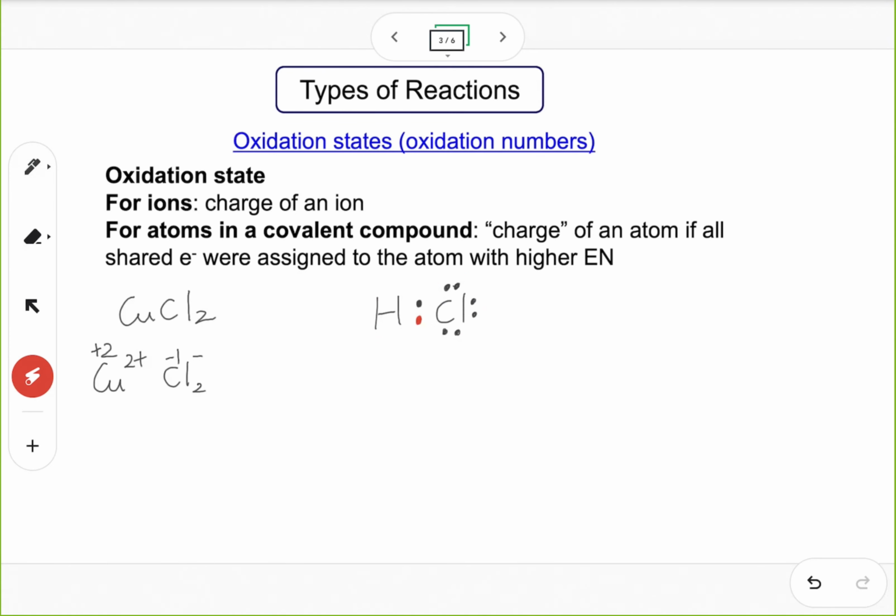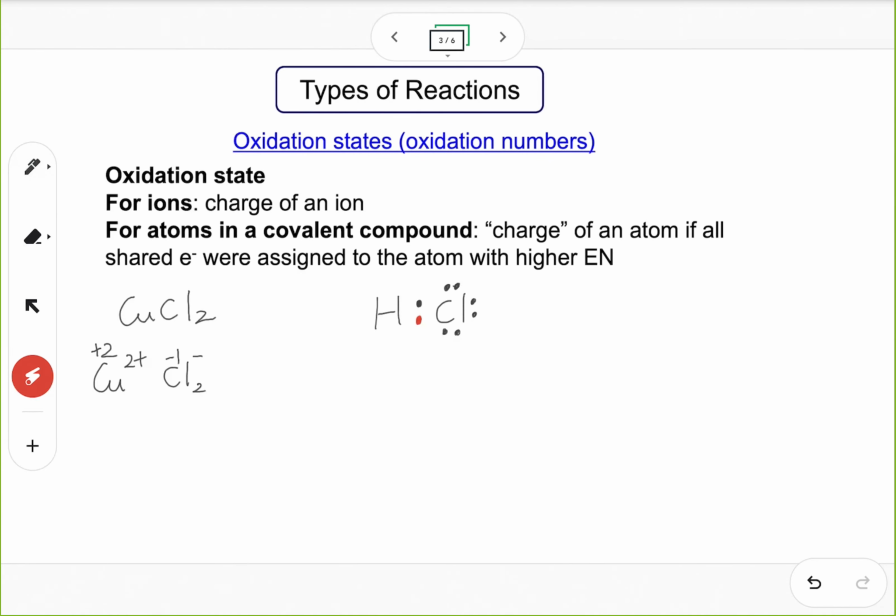Okay, what does that mean? Well, we know that chlorine has 7 valence electrons. If chlorine got both shared electrons, then it gets one more electron to reach the octet. Okay, so since it gets an electron, we should have a quote sign on the "gets."